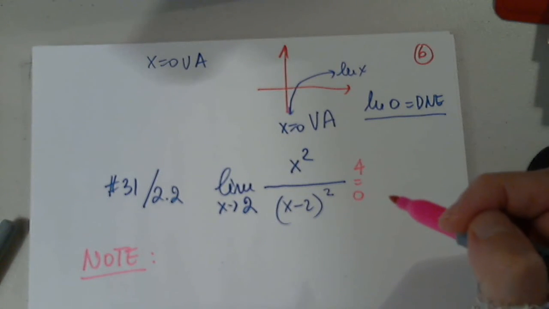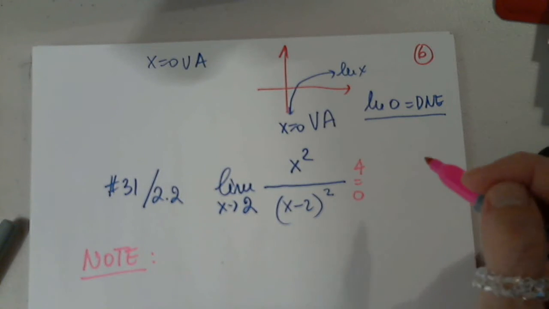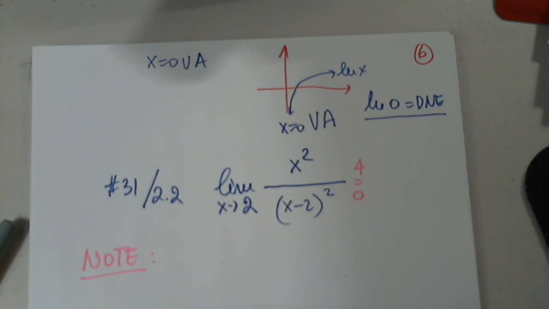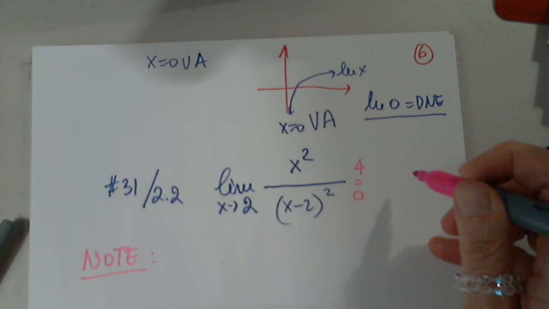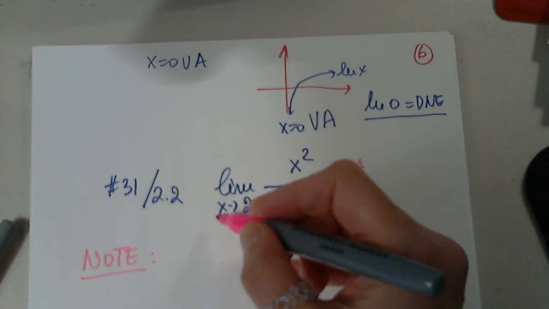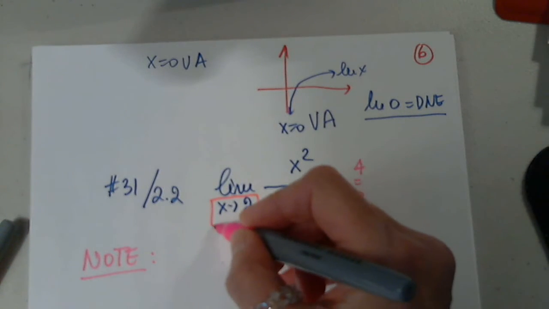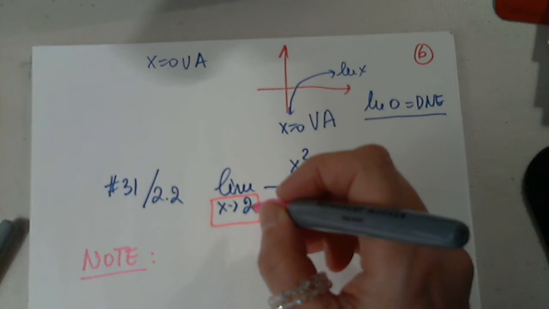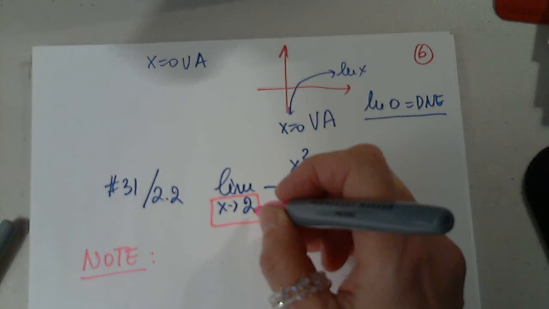So you can say it's DNE, it's undefined. Why don't I write DNE? I can't, because the limit is determined when x approaches 2 from either side.